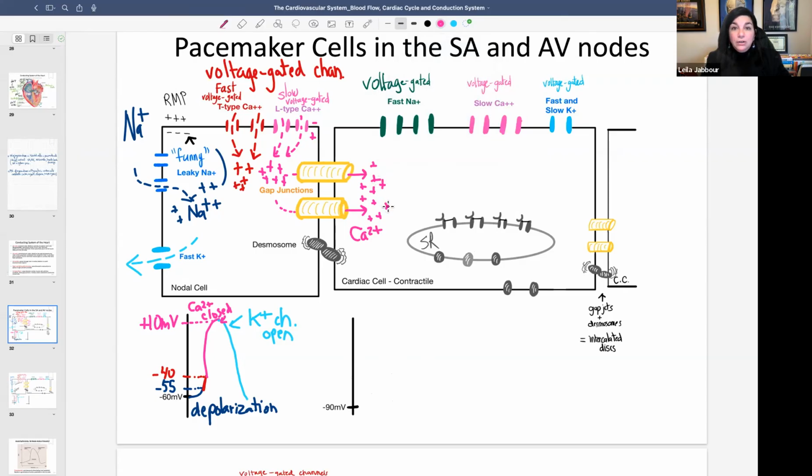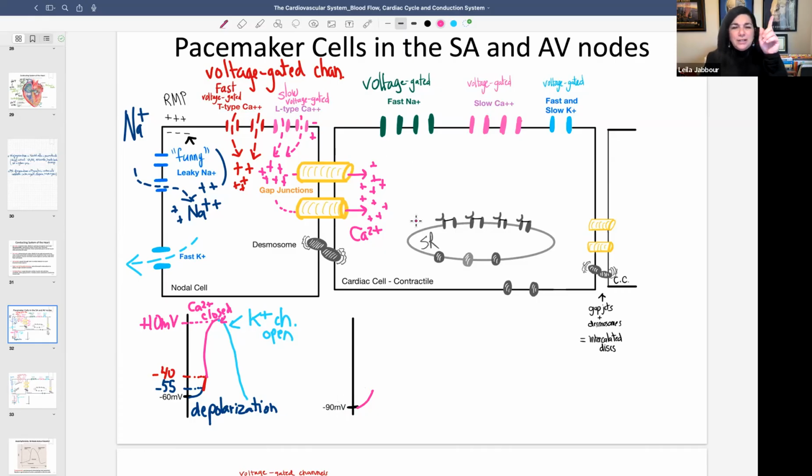They're arriving here, and the arrival of these ions is basically helping depolarize the membrane of the cardiac cell. And the resting membrane potential of the cardiac cell is actually even more negative than a nodal cell. We start at negative 90 millivolts.